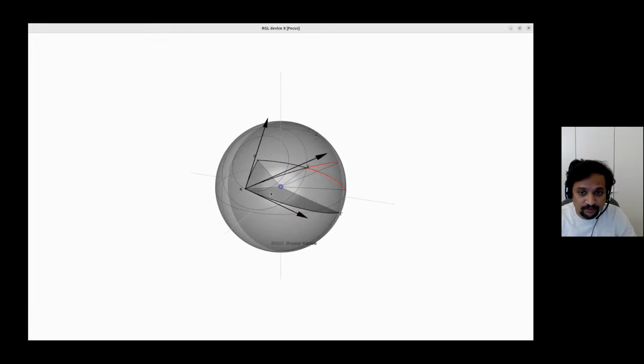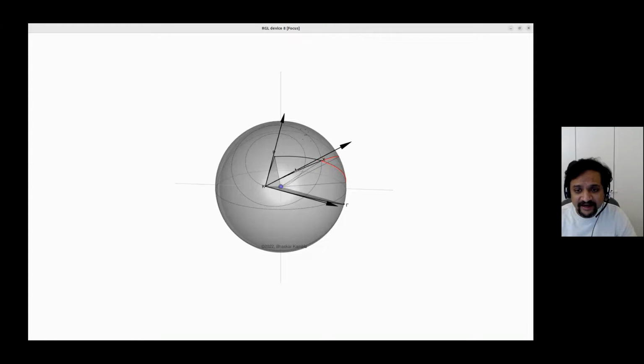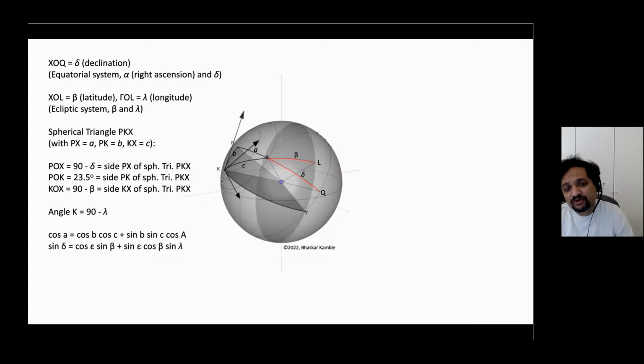I bring it here once again, and you can see indeed that the angle between these two planes is the same as the angle between this line and this line. So that means that this angle K is 90 minus lambda.